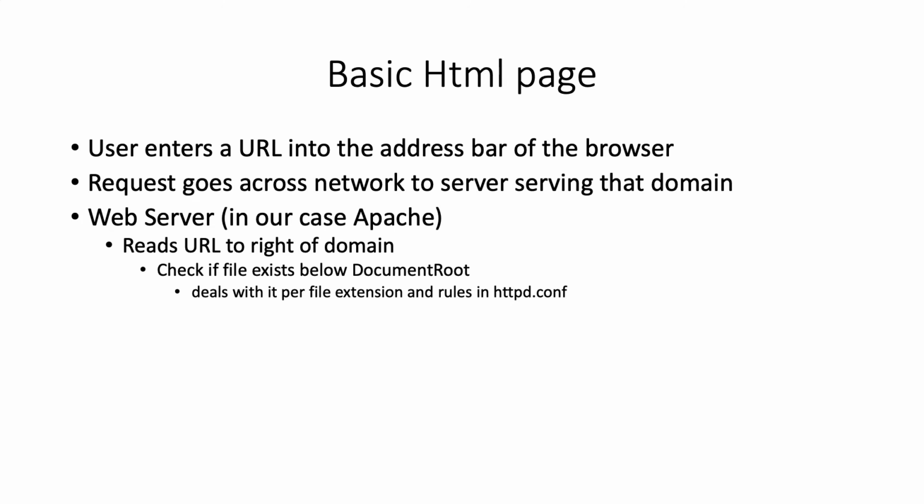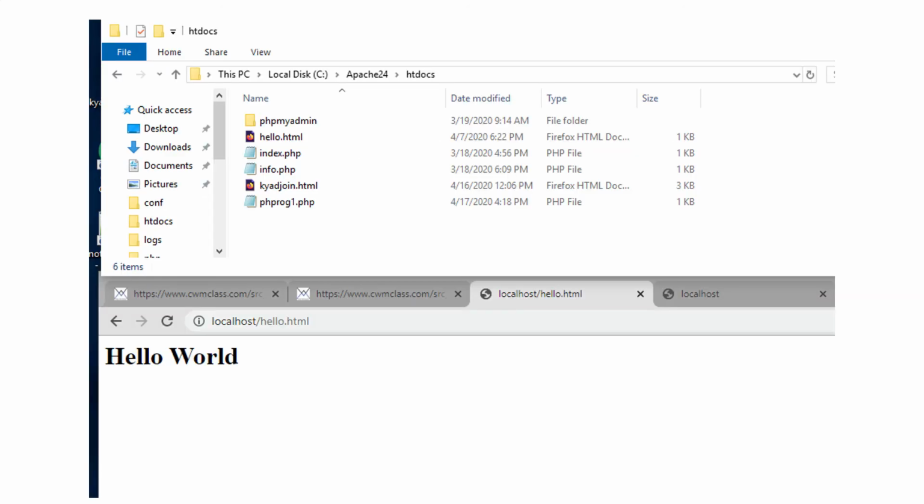So ours was localhost/phpprog1. It would have stripped off the localhost and said, okay, now I'm going to take everything below and look below document root to see if I've got something. And you define where document root is in the httpd.conf file that we talked about last week.